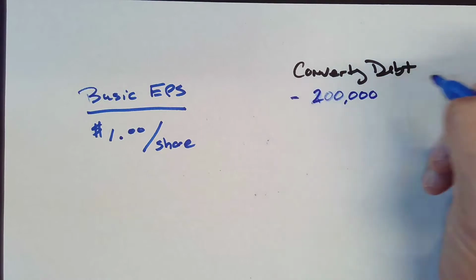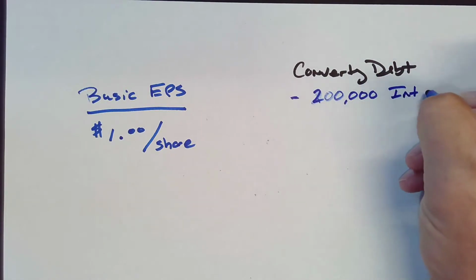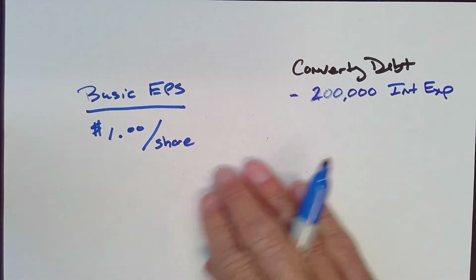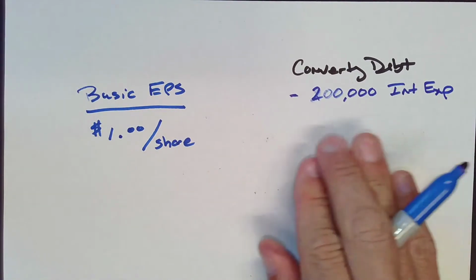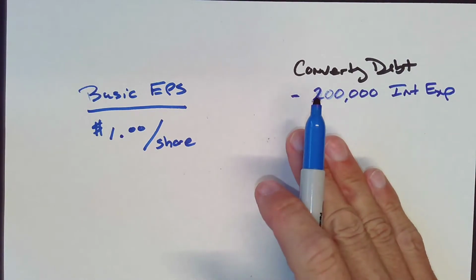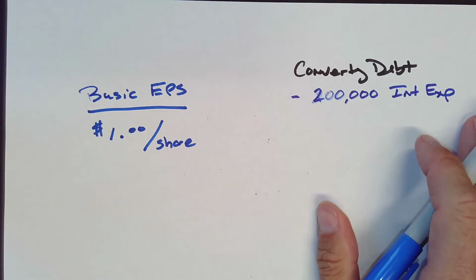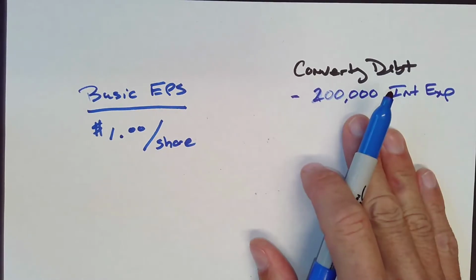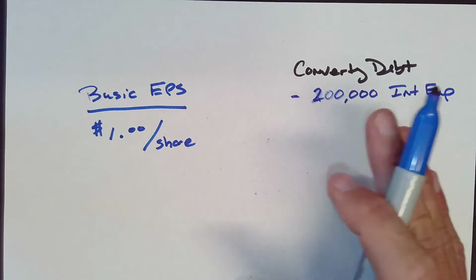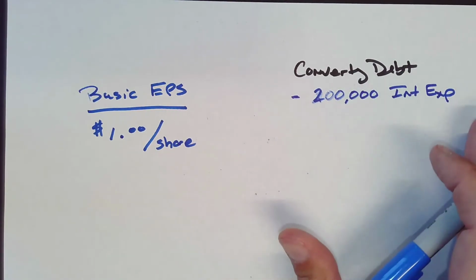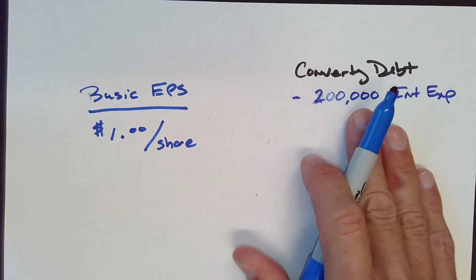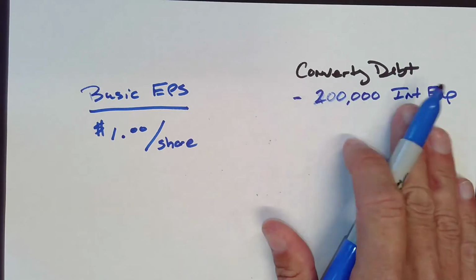Not interest income, interest expense. Okay, that's the amount of interest expense. For argument's sake, we'll use an effective tax rate of 20%. It makes sense that you'd probably use the statutory rate on the 200,000, but it's 21%, and I don't want to. I can do the math pretty quickly, but we'll just use a straight 20%.